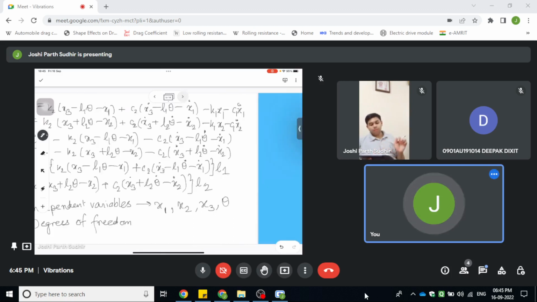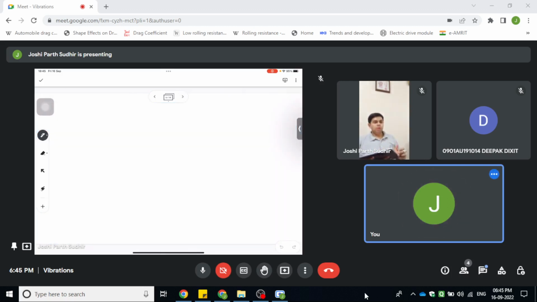So now we can represent this equation in matrix form.